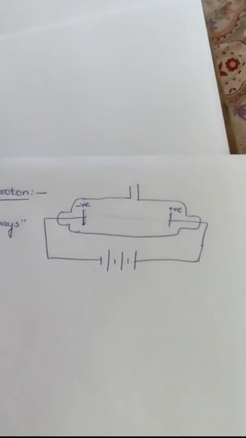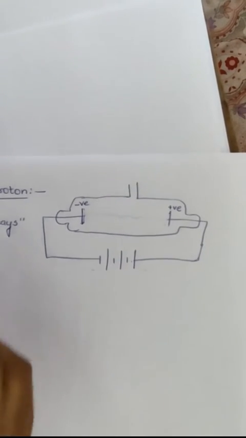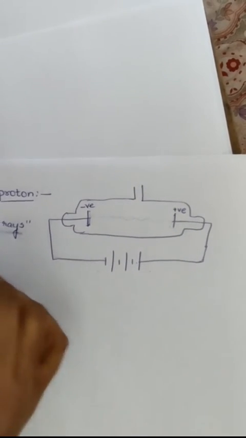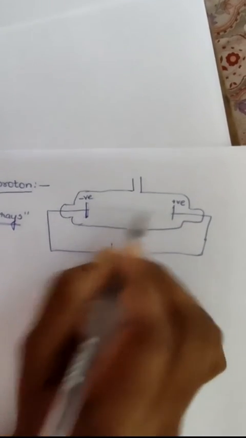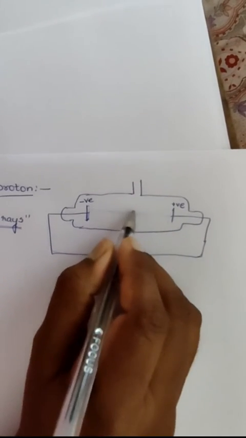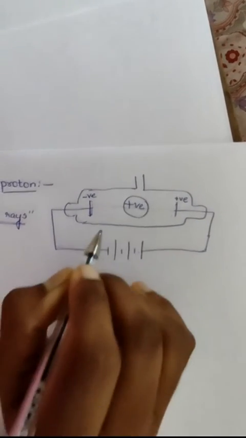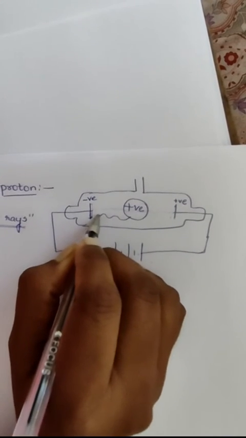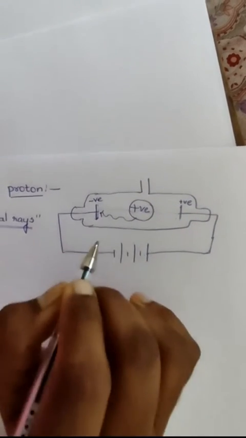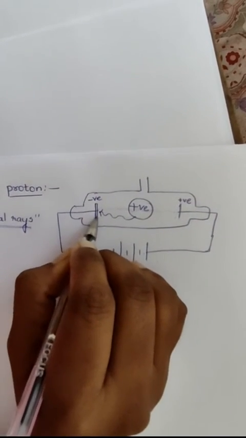the modified cathode ray tube led to the discovery of canal rays. These canal rays are positively charged particles which are moving towards the negatively charged cathode.